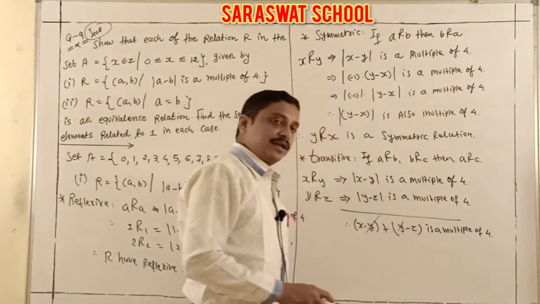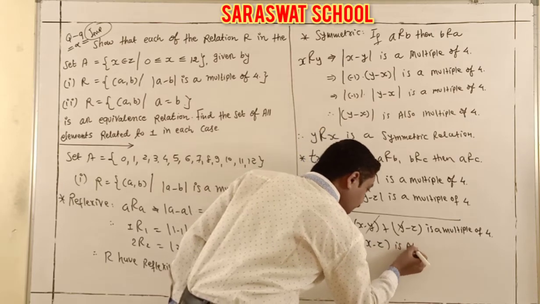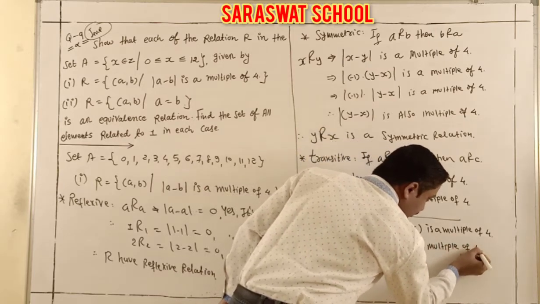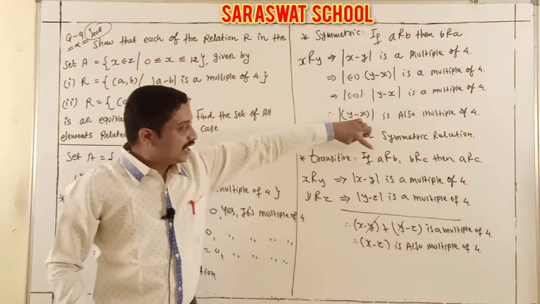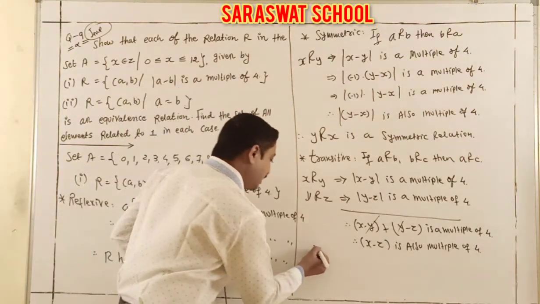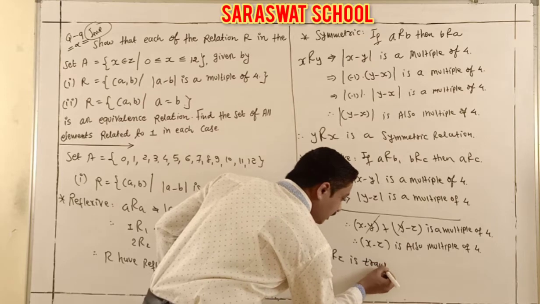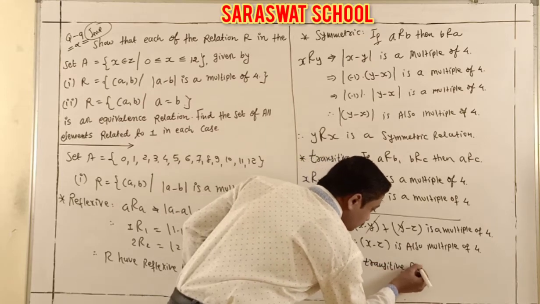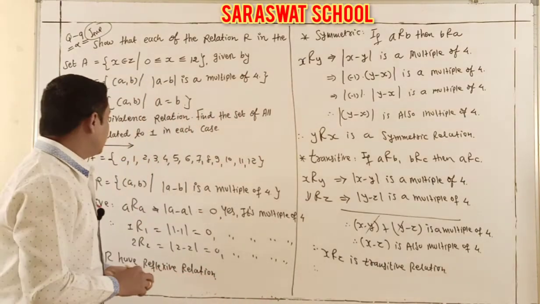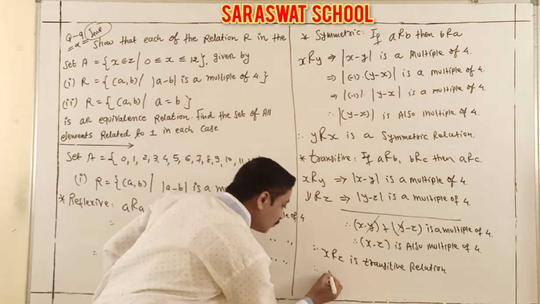So |x minus z| is also a multiple of 4. Check, here done. a to b, b to c, a to c; x to y, y to z. So I can say x is related to z: a transitive relation. So finally, here R is an equivalence relation.